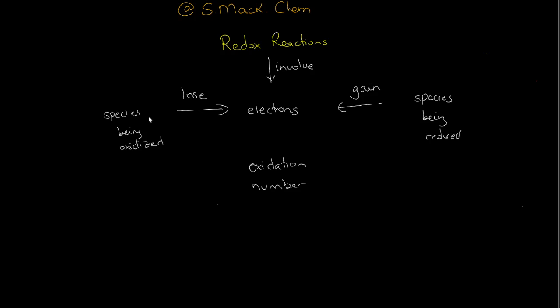So let's go back to our species that is being oxidized. This process we refer to as oxidation, and the species being reduced, we refer to that process as reduction.